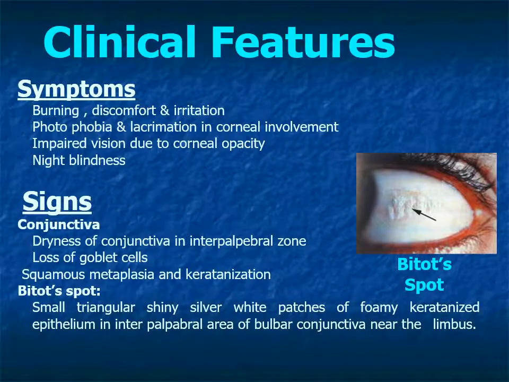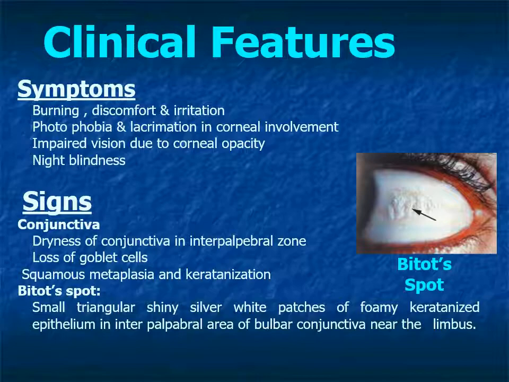So, what are the symptoms of vitamin A deficiency? As the conjunctival epithelium is having metaplasia and is no more smooth, the patient complains of burning, discomfort and irritation. If the cornea is involved, the patient complains of photophobia, lacrimation, and ultimately impaired vision due to corneal opacity.